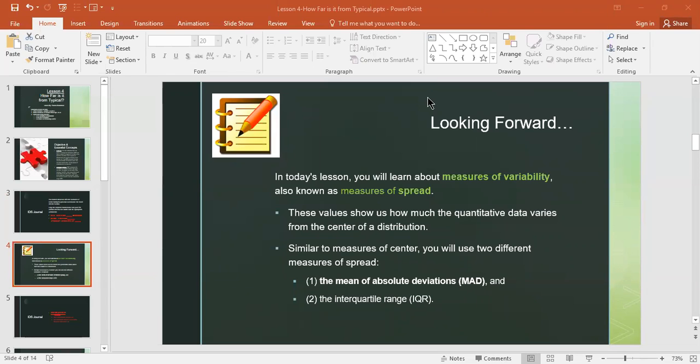So let's take a look at what we're looking at today. Looking forward, in today's lesson, you will learn about measures of variability, also known as measures of spread.